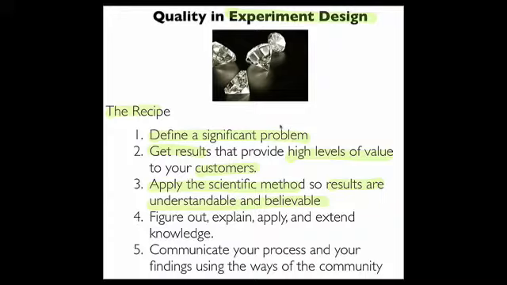Step 4 is we figure out, we explain, we apply, and more importantly, we extend knowledge with our experimental work. And step 5 is you communicate what you did, why you did it, and your findings using the ways of the community. And the standard way is to write a report using the standard practice, which is IMRAD.